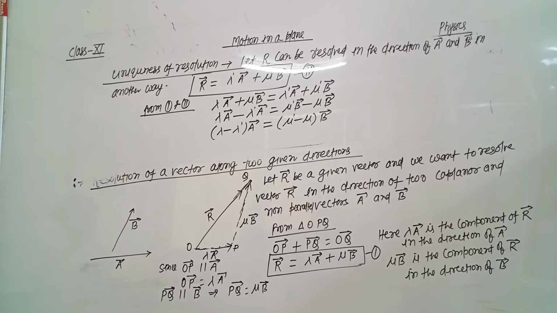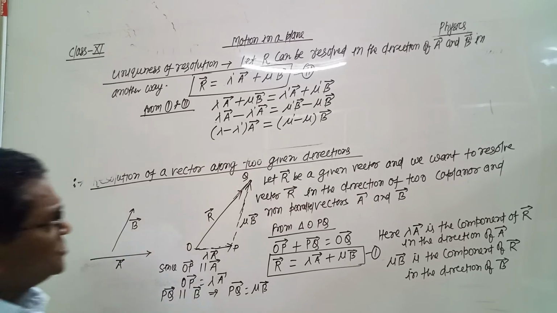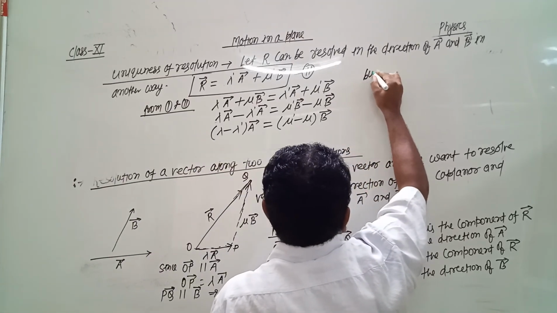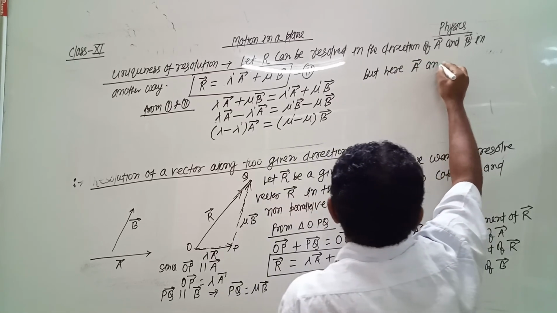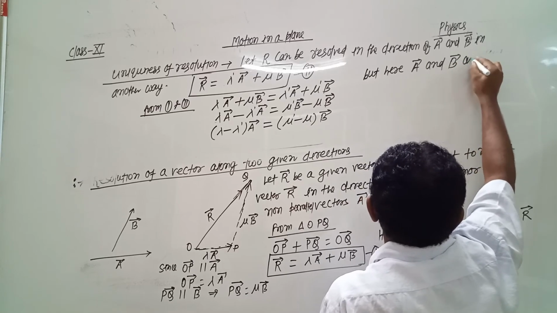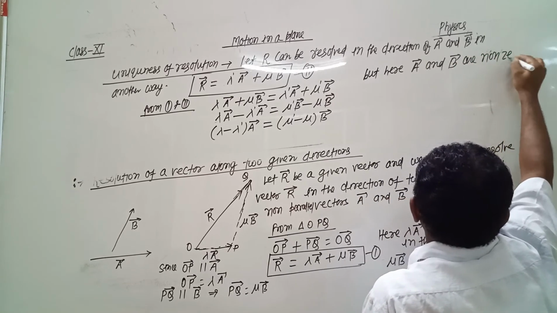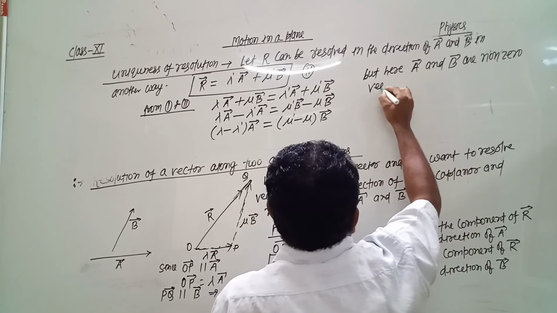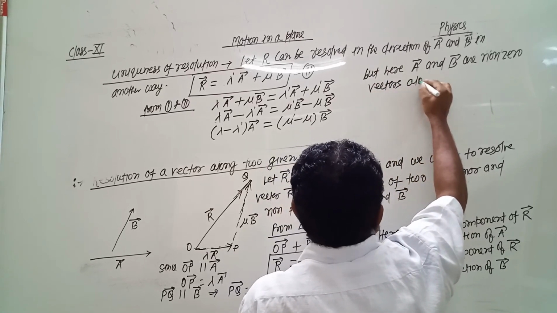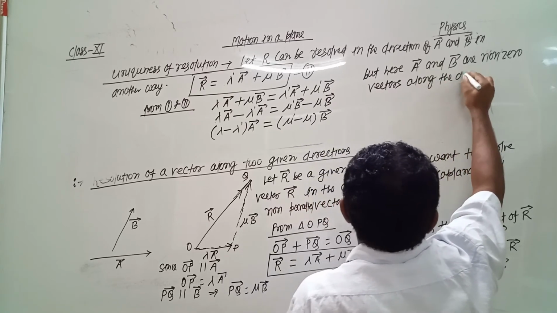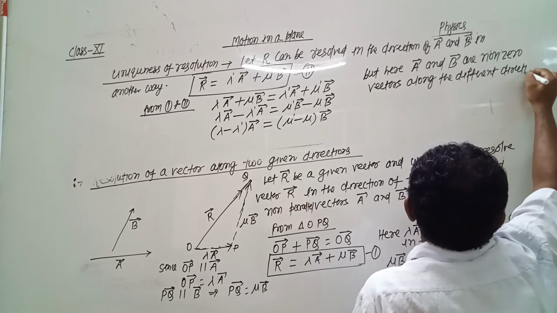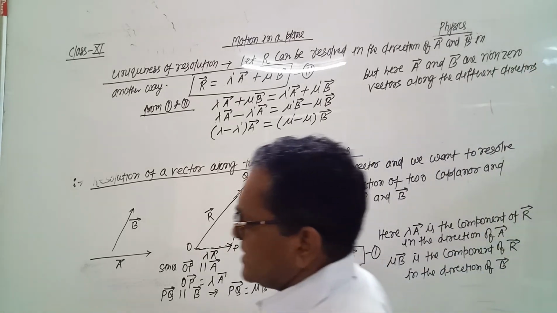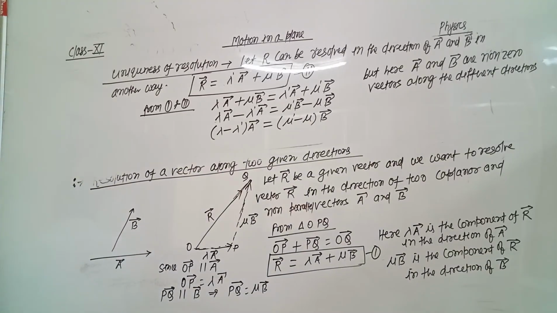But here vector A and vector B are non-zero vectors along different directions.